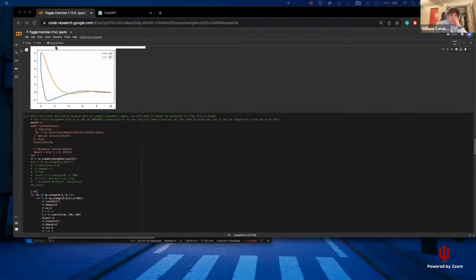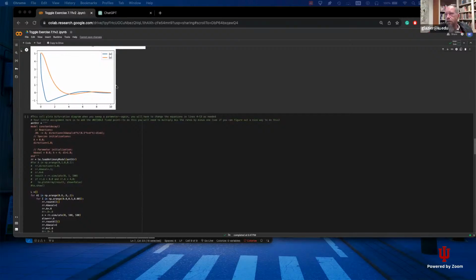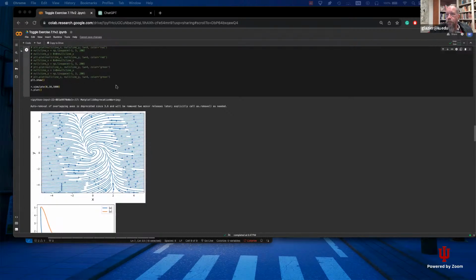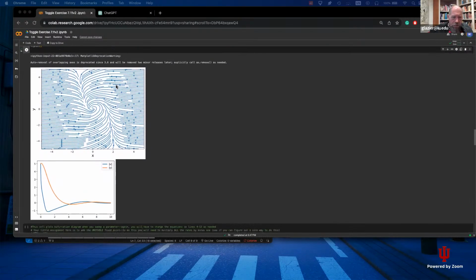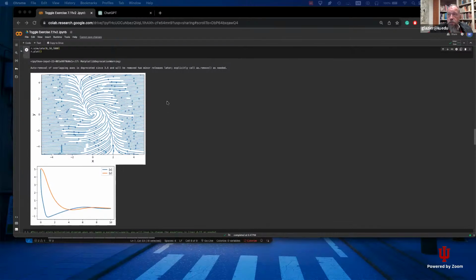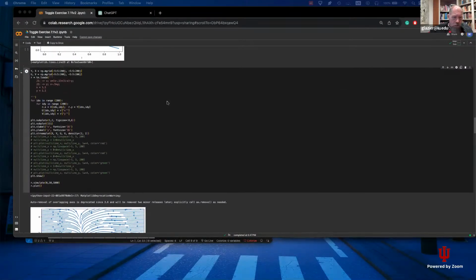I got that to be a time series. Okay, let's see. Is that wrong? It doesn't look quite like what I'm expecting. That's the phase portrait. Something is not quite right about your equations. Let's come back to the equations.